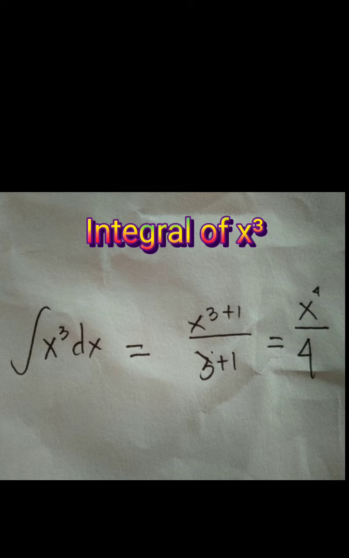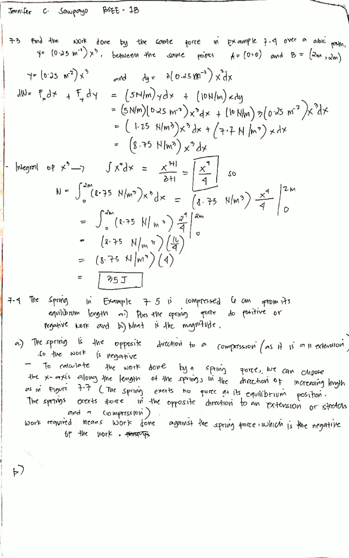After that, we will get the integral of x³, which is x to the power of 4 over 4. And then we will derive the formula to get the work done by the same force.